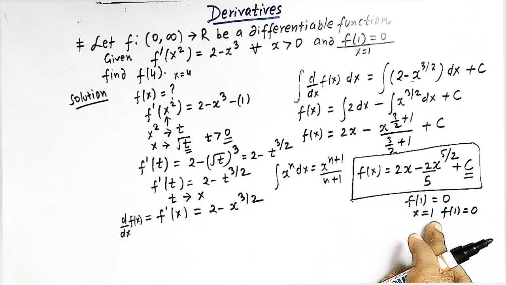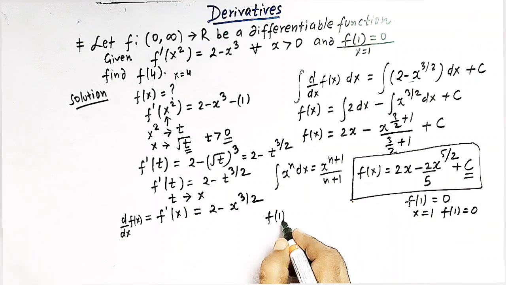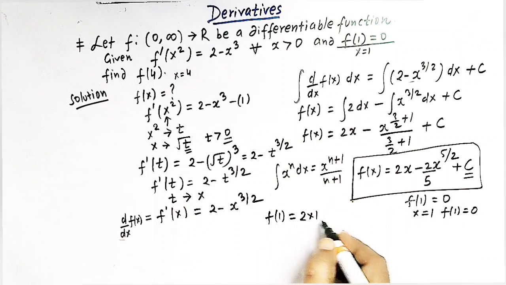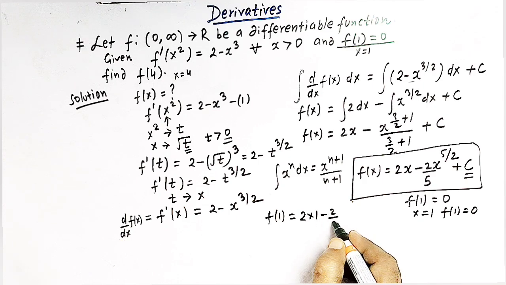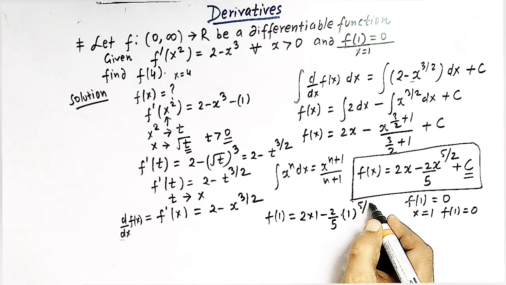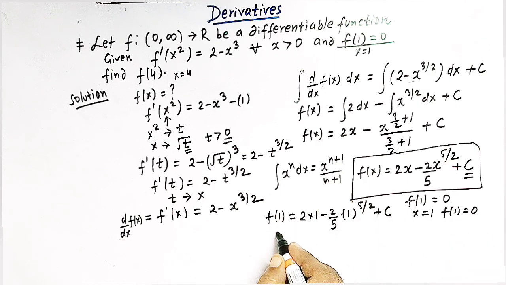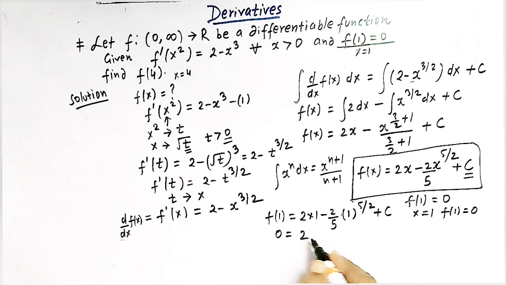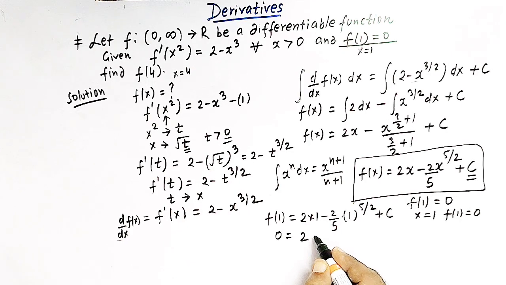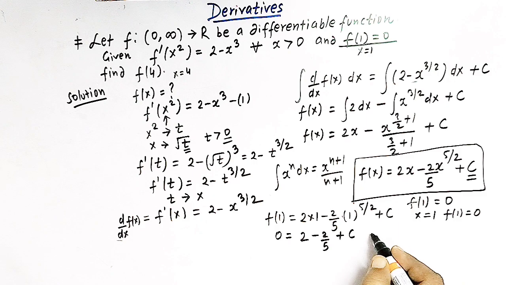So substituting these values in this expression, we have f of 1, then we have 2 times 1 minus 2 over 5, and here we have 1 raised to 5 over 2 plus c. Now f of 1 is equal to 0, so this is 2, and we have minus 2 over 5, and 1 raised to 5 over 2 is simply 1, and here we have c.